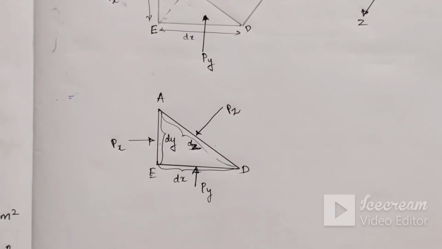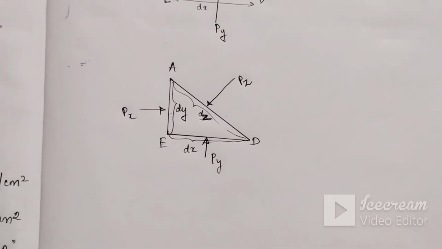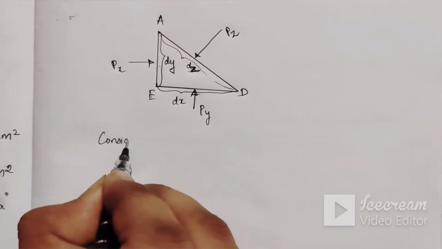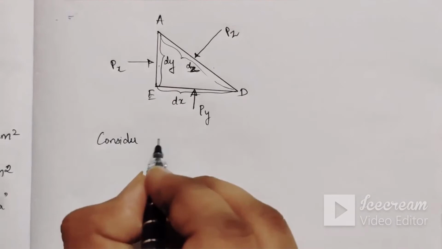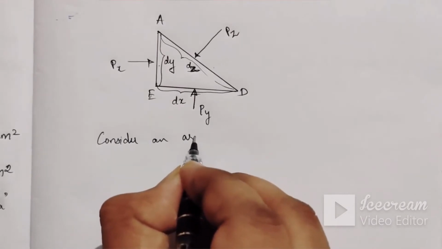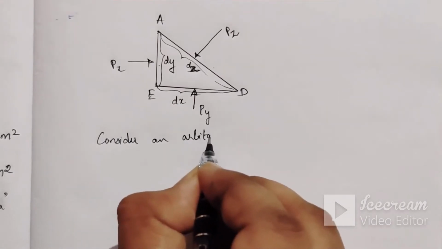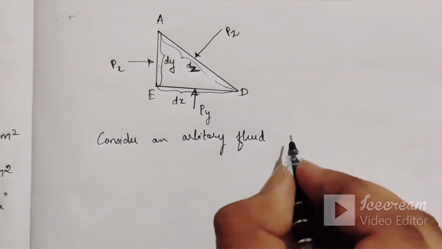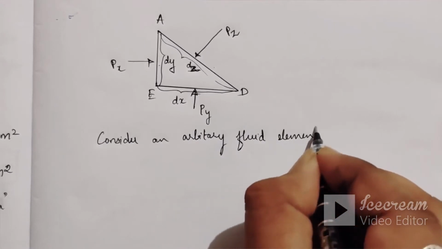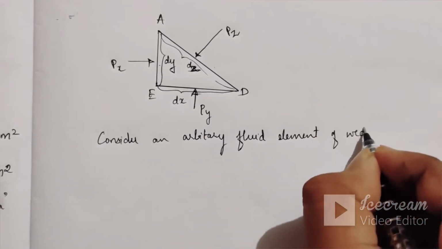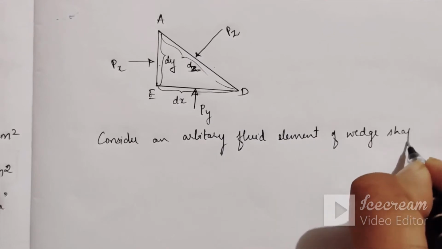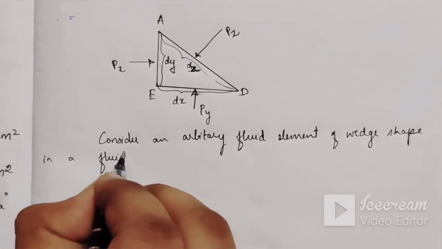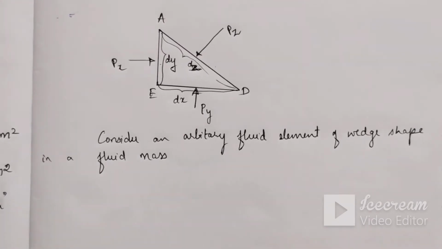Okay, now we will write the theory, what we did and how we are going to proceed. Consider an arbitrary fluid element of wedge shape in a fluid mass.